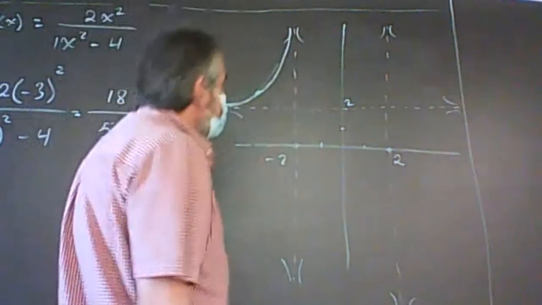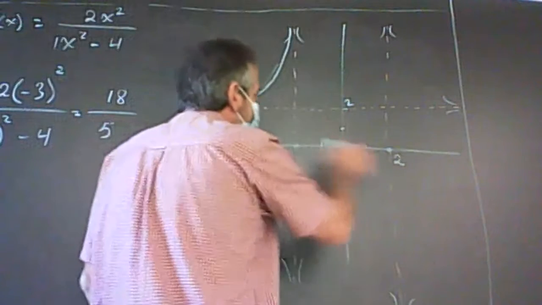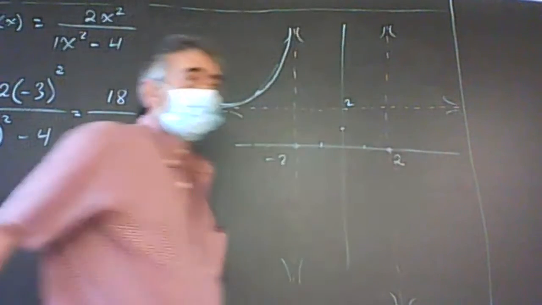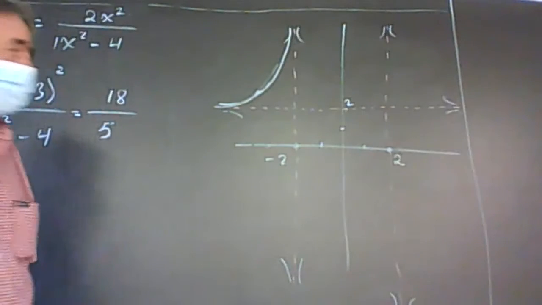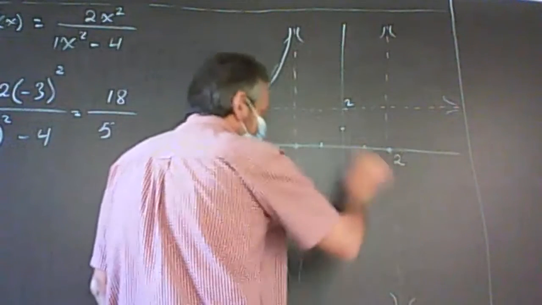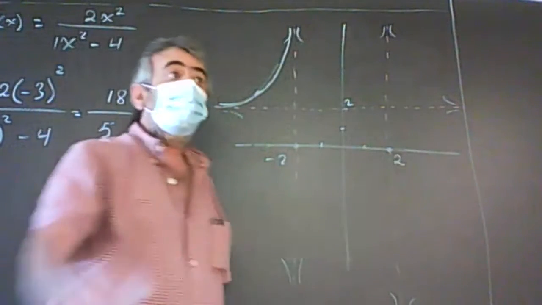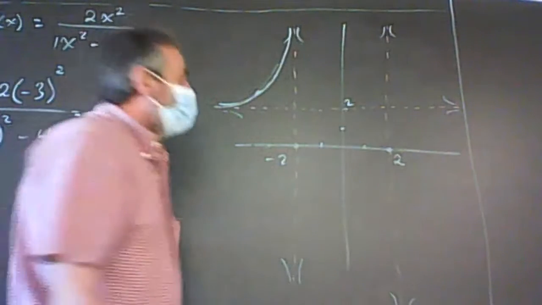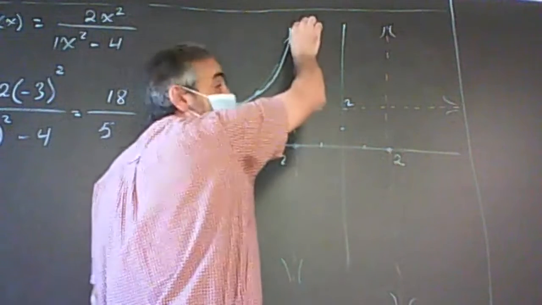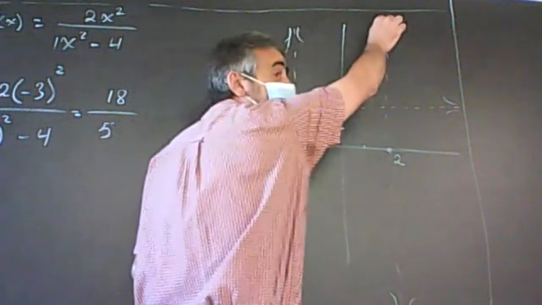Let's see what happened between -2 and let's see what happened on this side. On this side, it could come like this. It could come like this. It could have a whole lot of issues, right? However, we did say it will never cross this line, right? So if it was on top, it stays on top like that.